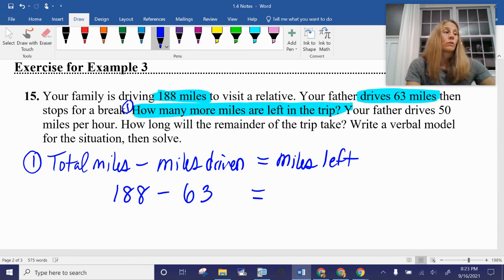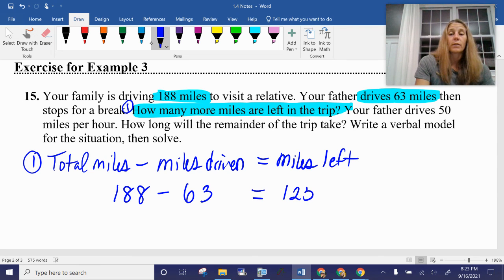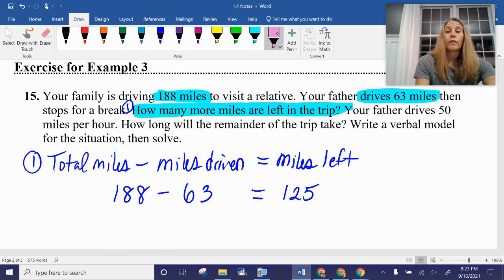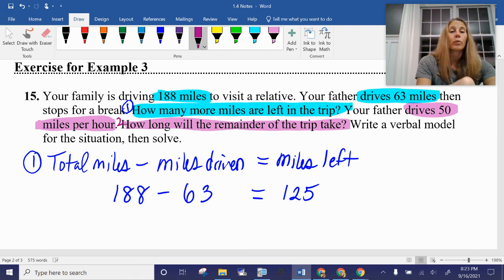How many do we have left? A simple quick calculation gives us 125. Now it says your father drives 50 miles per hour. How long will the remainder of the trip take? So this is question number 2.